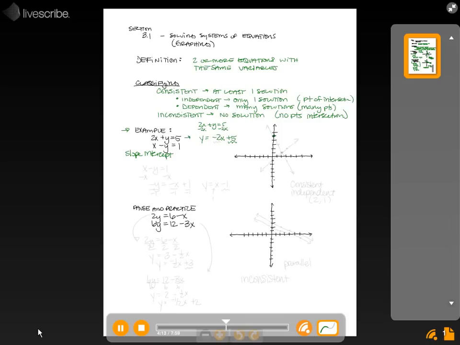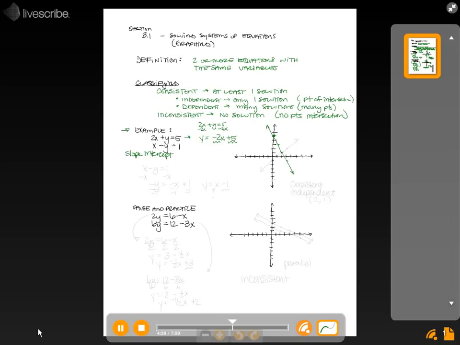And then our slope is negative 2, so we're going to go down 2. That's really negative 2 over 1, to the right 1. We're going to do that again, and one more time. We want to make sure we have enough points to make a good line. And then we're going to connect those. And there's our first line.